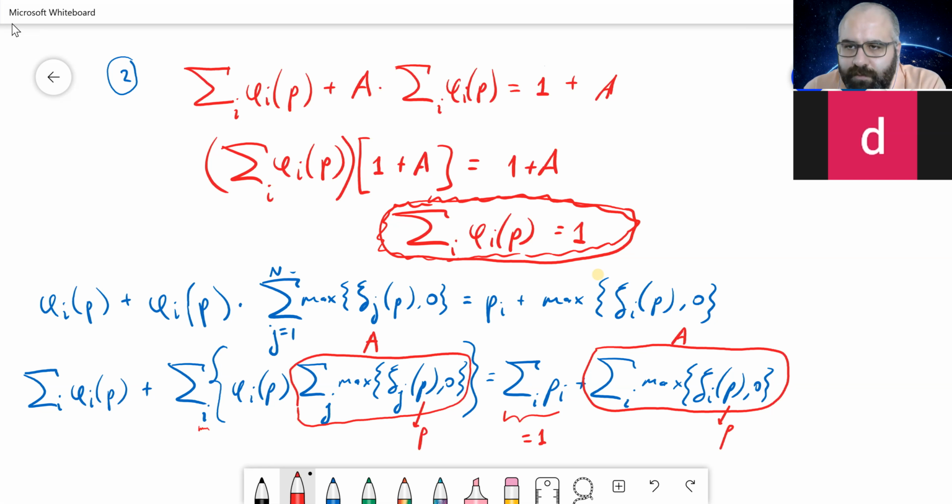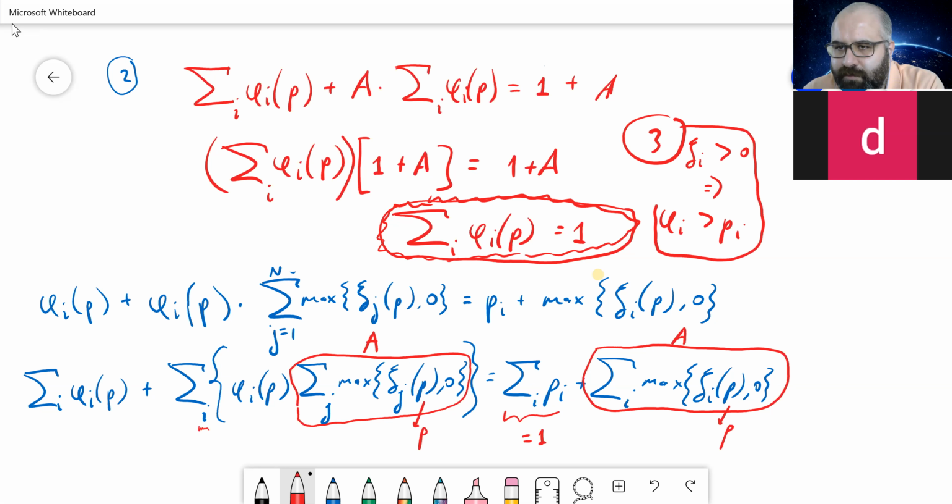Now, for the third property, remember the third property was about the excess demand function. If excess demand is positive, then the updated price must be bigger than the original price. Now, I will not prove this property here, but I will put a PDF handout on this for Huzam and on my website.